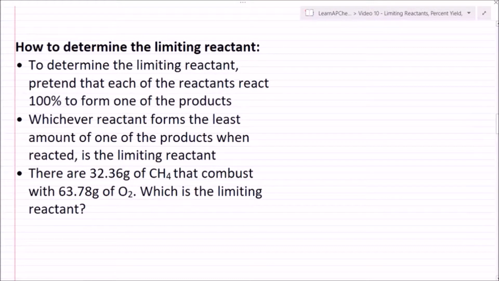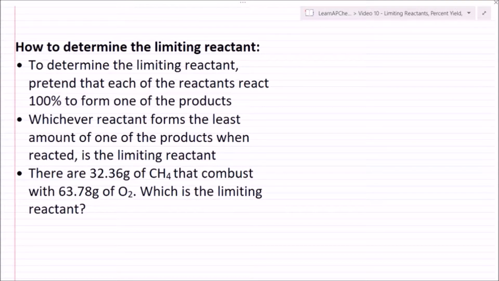Okay, so in the last example, it was pretty obvious what our limiting reactant was. But a lot of times it's not so obvious. So how do we determine the limiting reactant? Well, first we're going to want to pretend that each of our reactants reacts 100% to form one of the products.